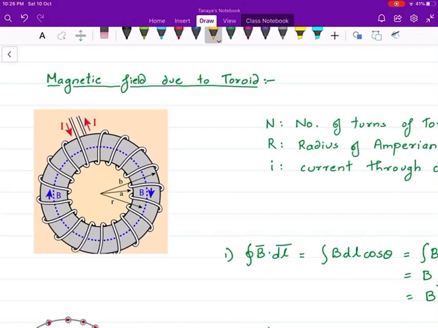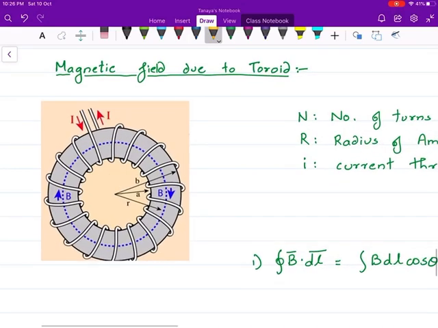In a toroid, again we curve the solenoid and make it into a circle. This is the diagram shown. See how the current is flowing. The current is entering from here, going inside over here, coming out from here, again going inside, coming out.